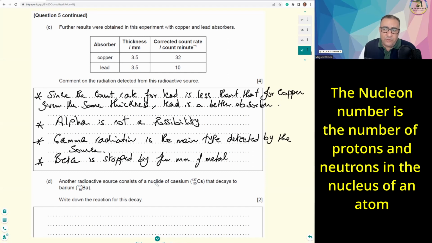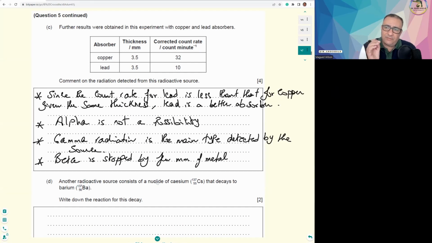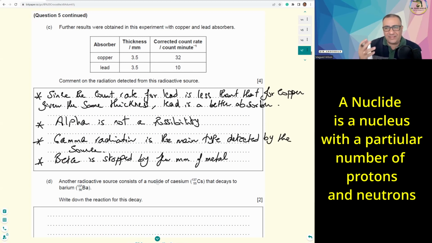And the definition of nuclide: a nuclide by definition is a particular nucleus with a specific number of protons and neutrons. So this is a kind of fancy name for nucleus. This is one of the definitions in topic 7.